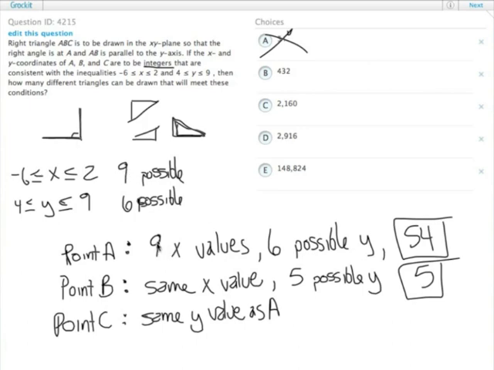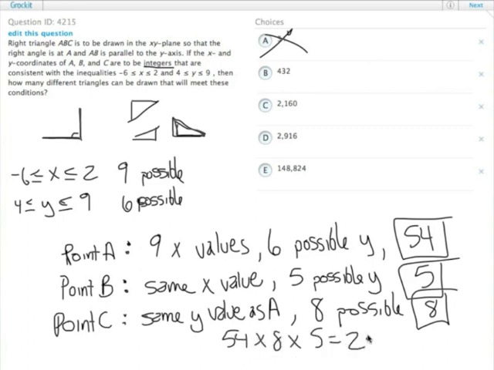Point A itself is taking up one of those, so this one needs to be in one of the remaining 8 possible. And in order to figure out all the different triangles, we need to multiply all these possibilities together. So 54 times 8 times 5 equals 2,160. Answer choice C.